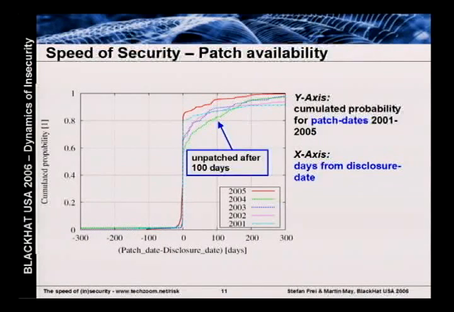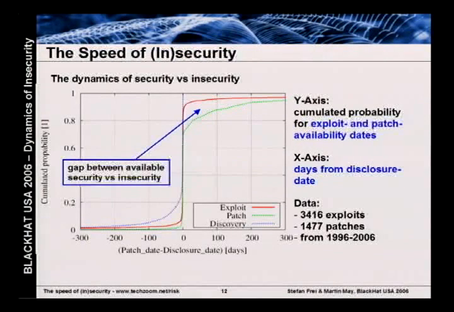What we also see is that patches are made available after the disclosure date, but the rate seems to be much slower than the availability of exploits. But you also see that, say, at 100 days after the disclosure, still a lot of vulnerabilities have no patch available.